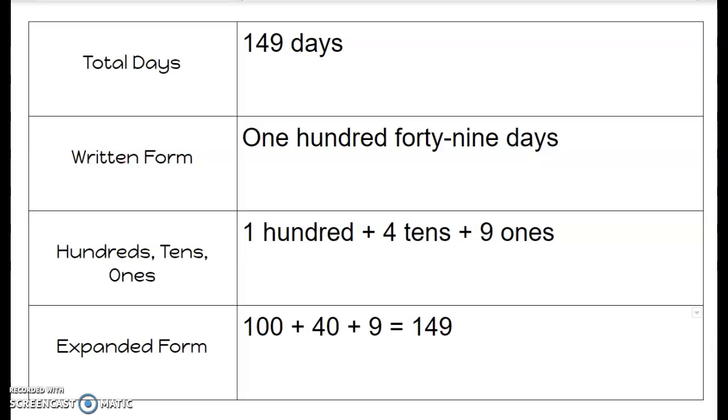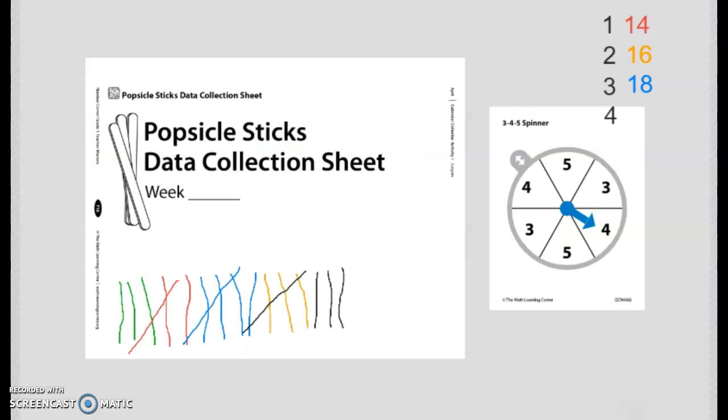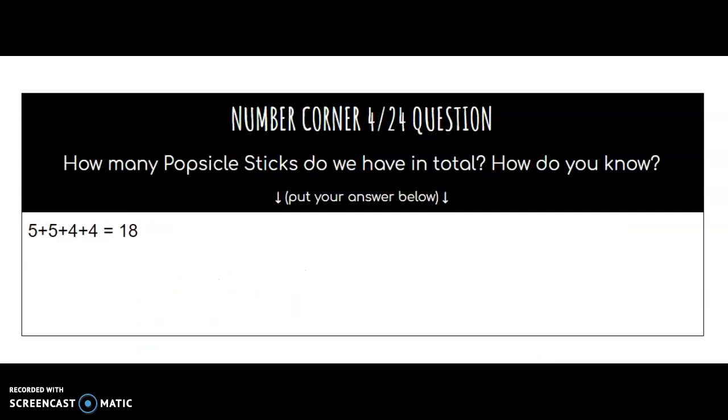Awesome job. When we left off on Friday, we had some popsicle sticks for week 4. And I moved our week 4 over here already. The question was, how many popsicle sticks do we have? So I decided that we would just show some of our work. Now I have 2 friends' work here.